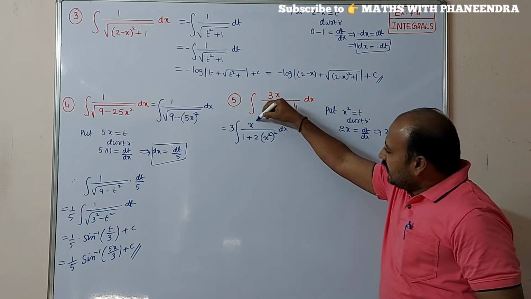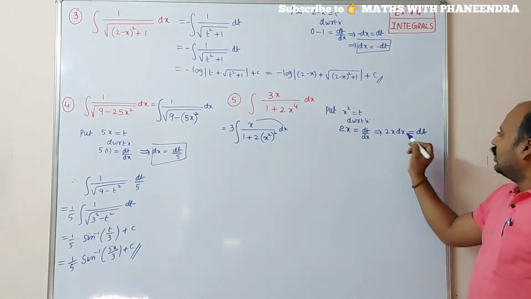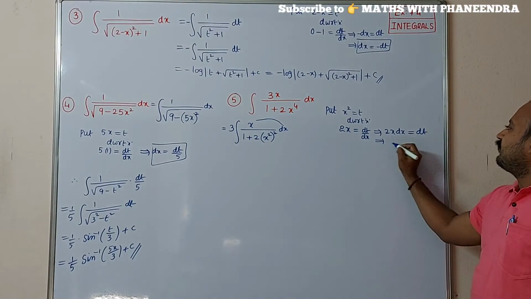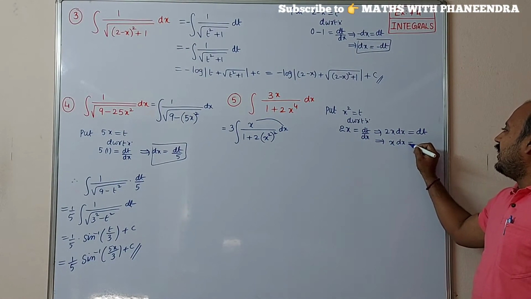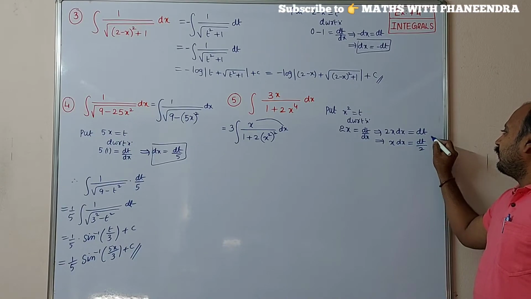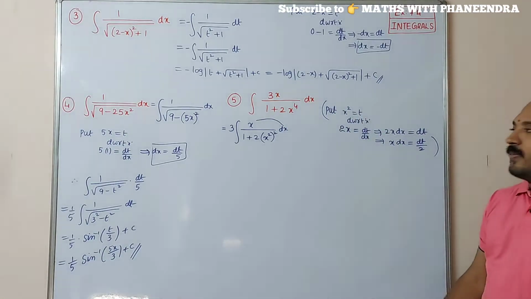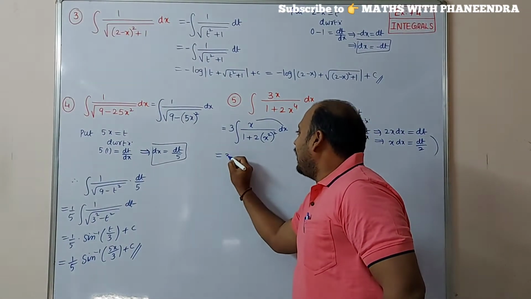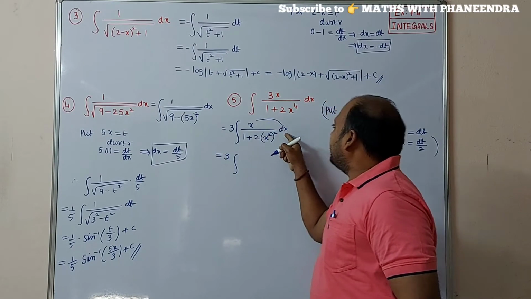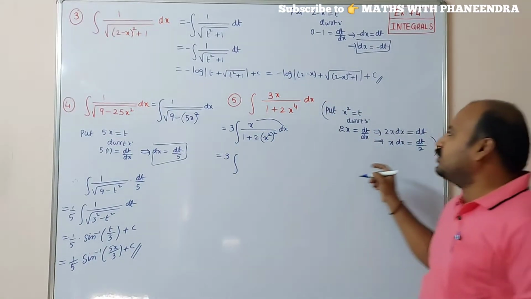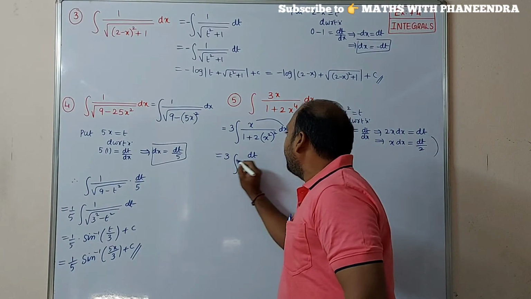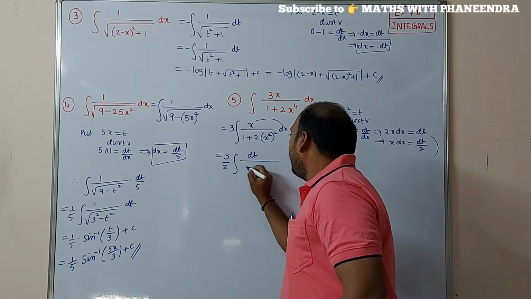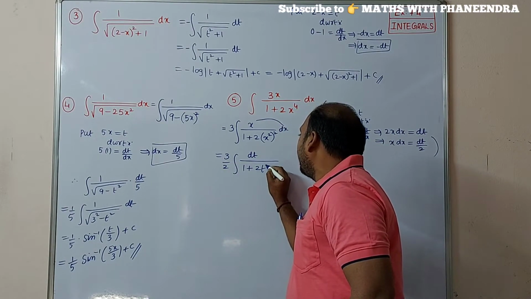But I want only x dx in the numerator. So 2 we are taking here. x dx is equal to dt by 2. 3 into integral, in place of x dx, replace with dt by 2. So dt I am writing here, by 2 here, by 1 plus 2t square.